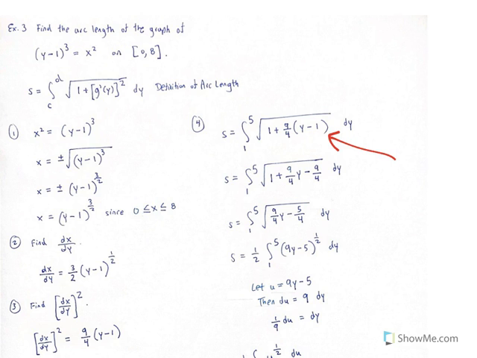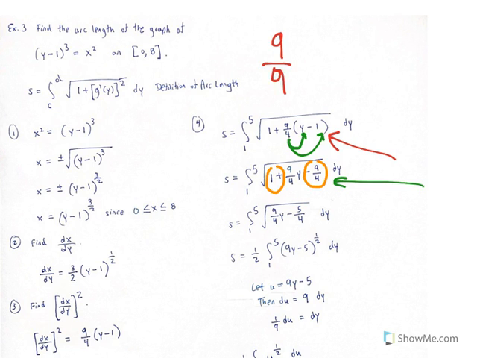So how are we going to simplify the radicand? We can begin by distributing the 9/4 to the y and the -1. So that gives us this line. The integrand is now the square root of 1 plus 9/4 y minus 9/4. And what you can do now is add 1 and -9/4.